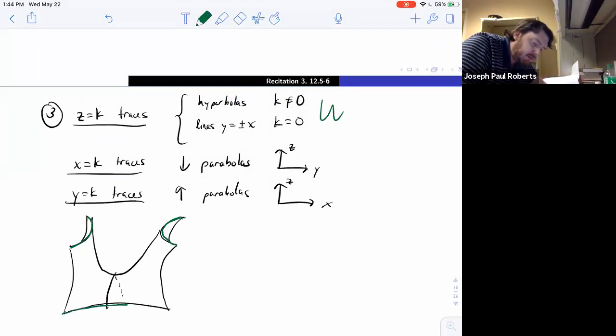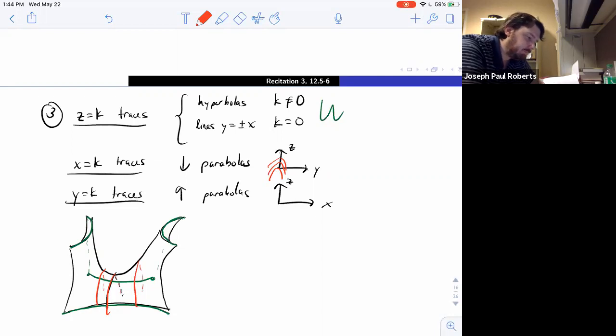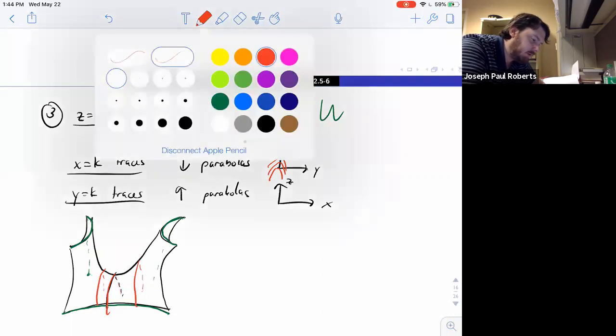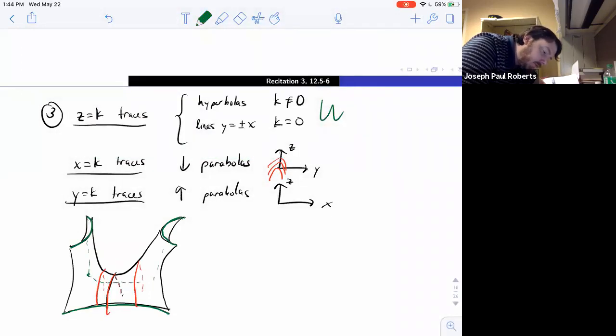If I slice it z equals minus 1, I get a hyperbola. It actually changes from left, right to up, down. That's not super important. But those green curves are my hyperbolas. My x equals k traces are z equals k squared minus y squared. So I get down parabolas like that. And so that's going to be these red cross sections here. I guess I should make this green one down here dotted just to keep everything consistent because we can't actually see it.